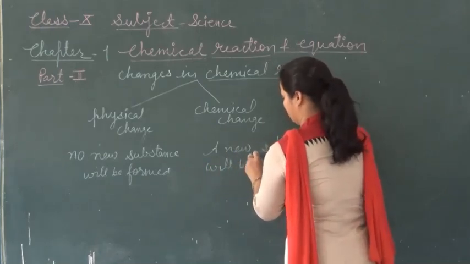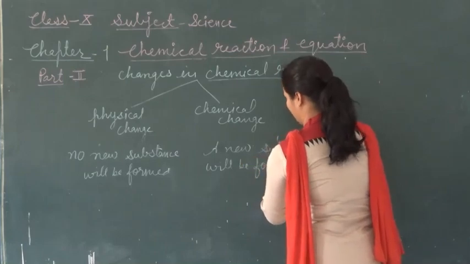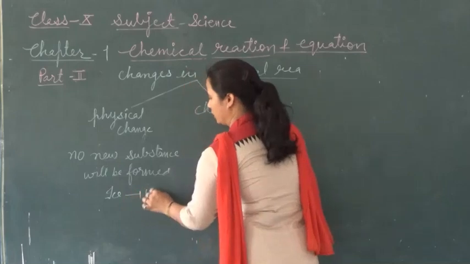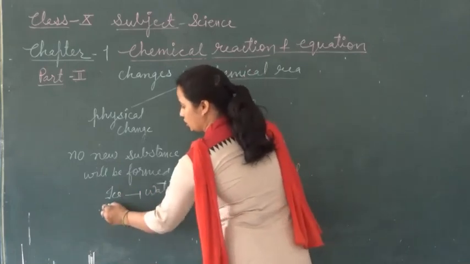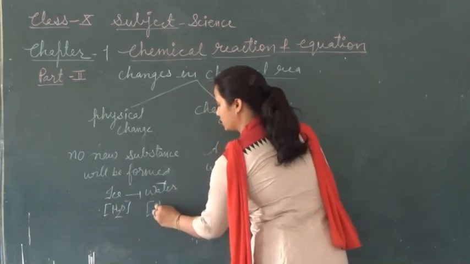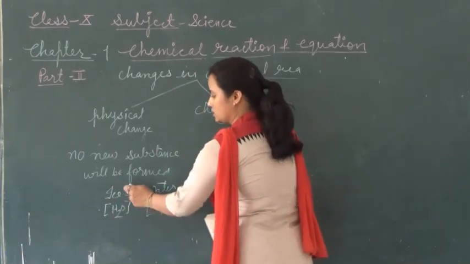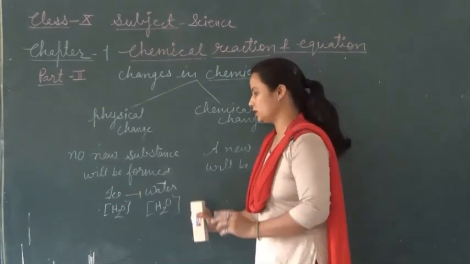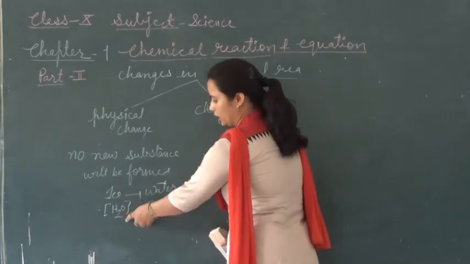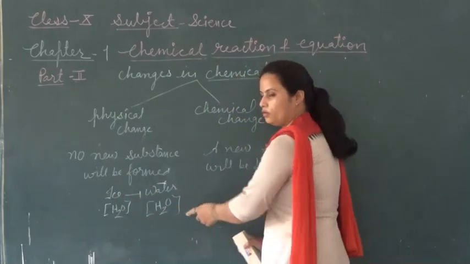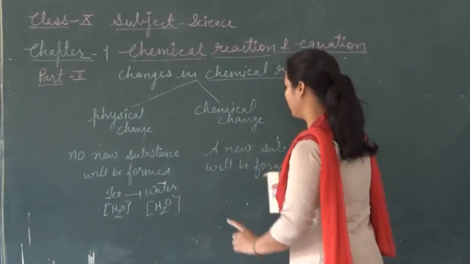As I told you, ice is H2O and the composition of water is also H2O. The physical state will be changed, it turns from solid to liquid, but the composition is still the same. The composition of ice is H2O. The composition of water is also H2O.